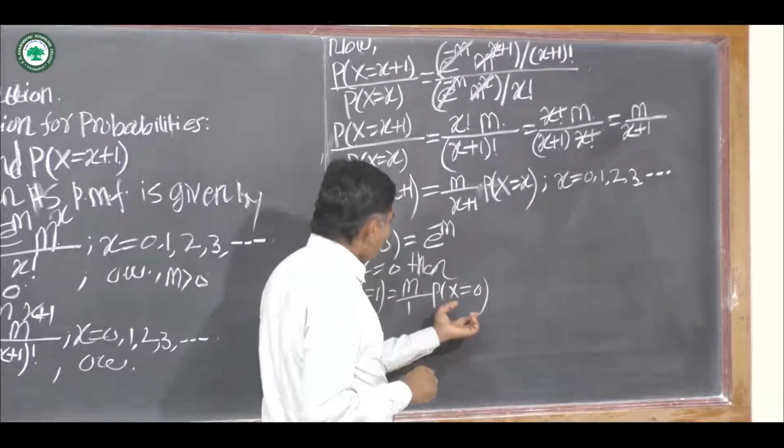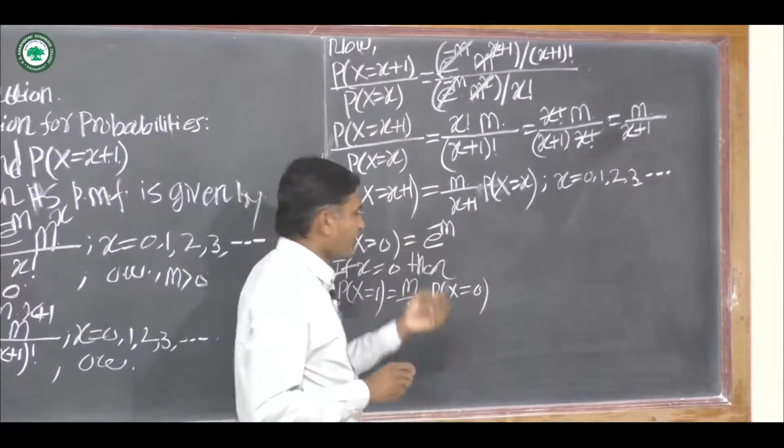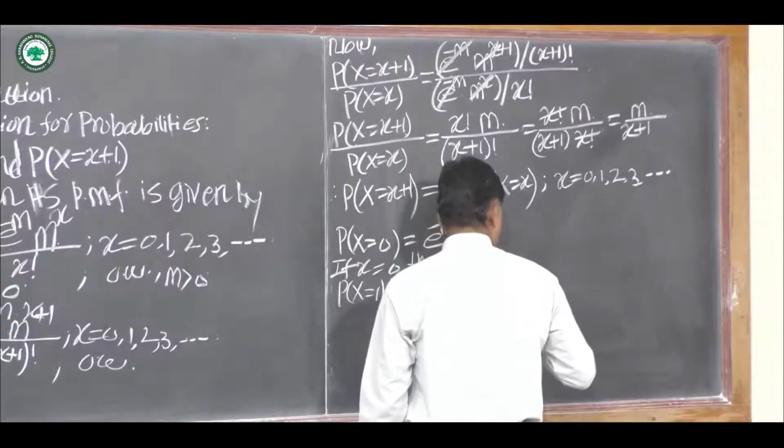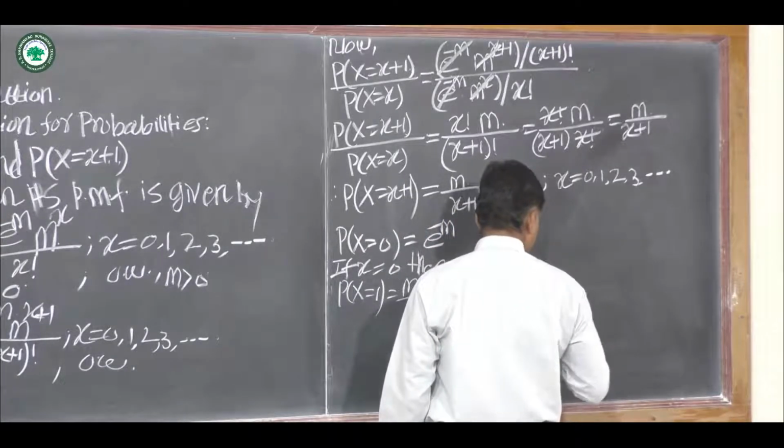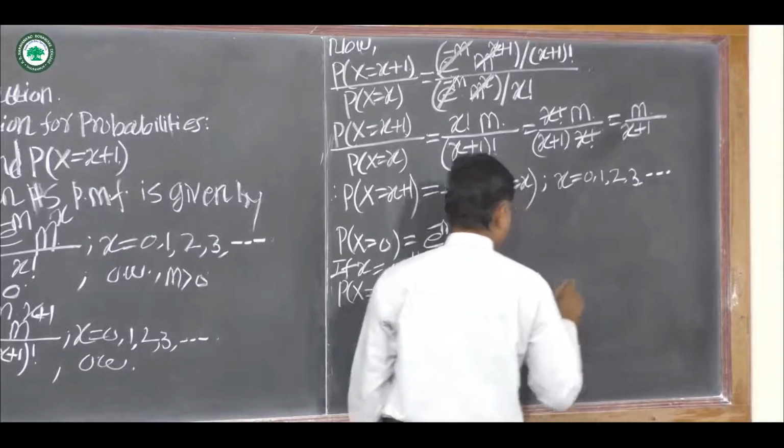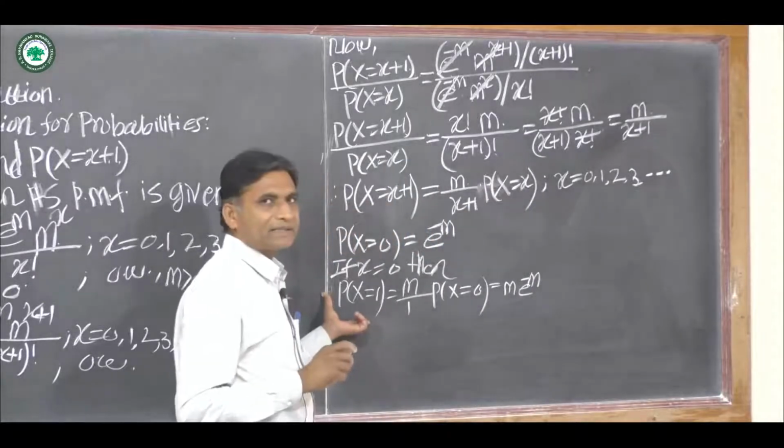Now probability of x equal to 0 is equal to e raised to minus m, so this is equal to m into e raised to minus m, which is the probability of x equal to 1.